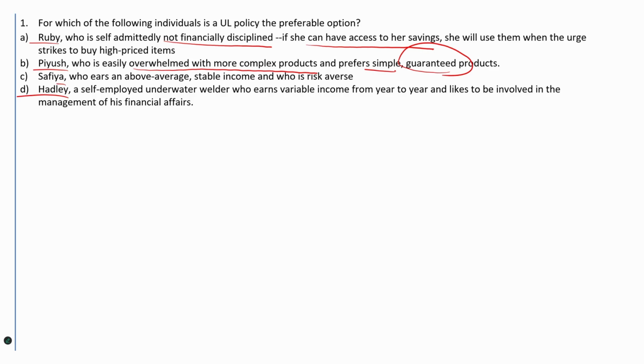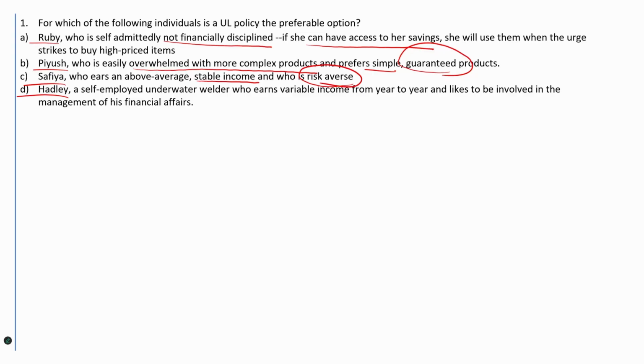And the third one is somebody that earns above average, has stable income, but is risk averse. So they obviously don't want to take any risks. In purchasing a universal life, investing in mutual funds is a risky investment, right? It might be a low risk, it might be a high risk, but eventually there's some risks in mutual funds. Therefore, it is not suitable for somebody that is risk averse.